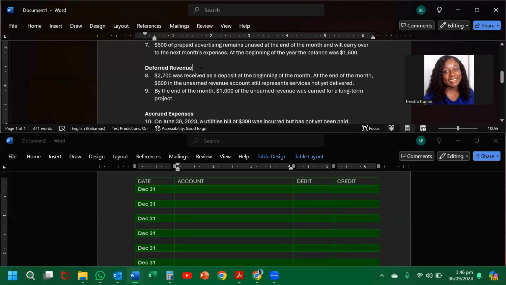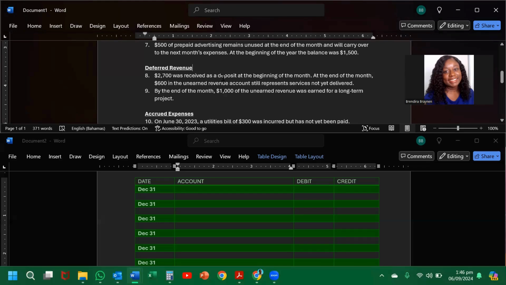So deferred revenue type transactions always involve a liability and a revenue. Let's go through what they would look like. I'm almost sure that both of these instances may have similar entries because, when I'm adjusting something of similar nature, I'm going to use the same accounts. It may be slightly different.